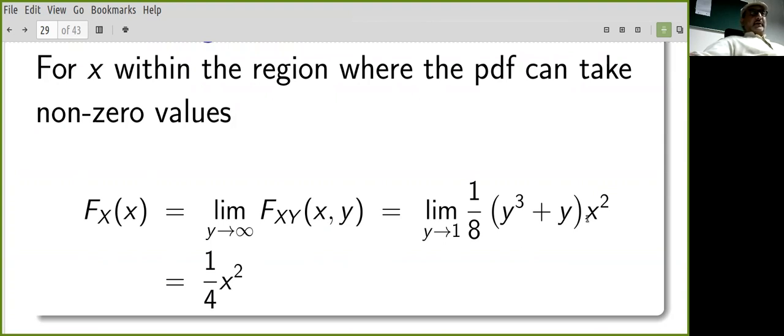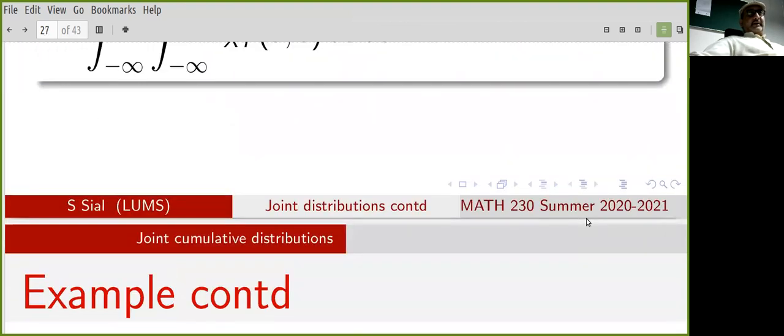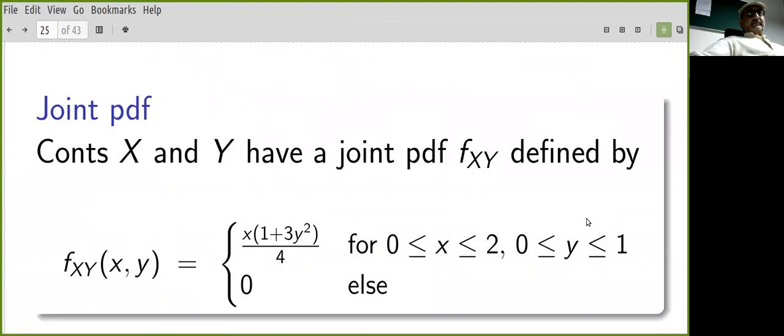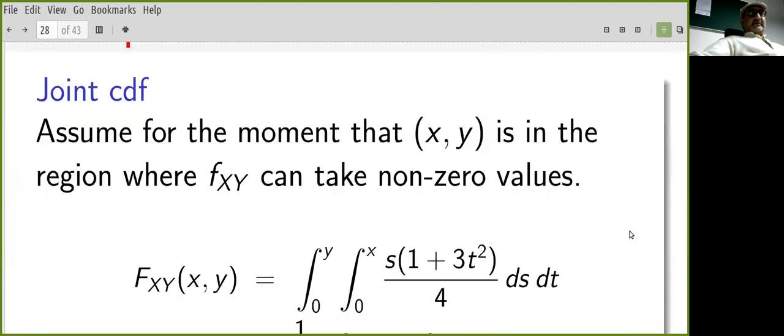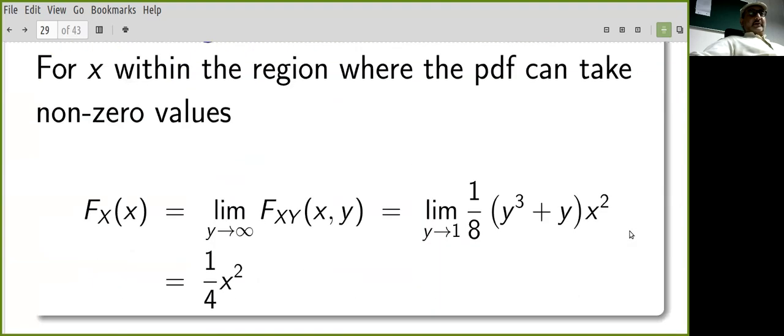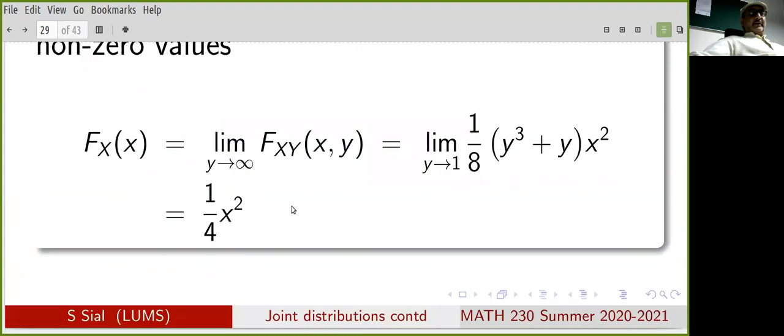In this case, remember, once you get past y equals 1, everything drops off to 0. So you can just take the limit up to 1, and you get 1/4 x squared.